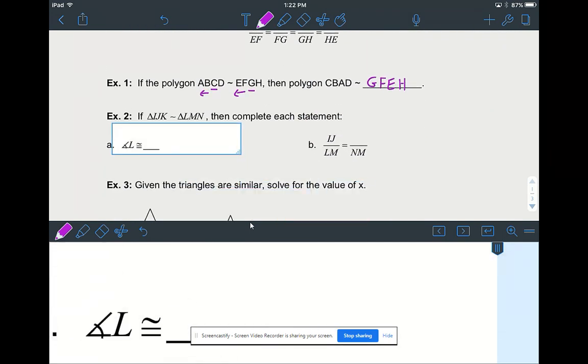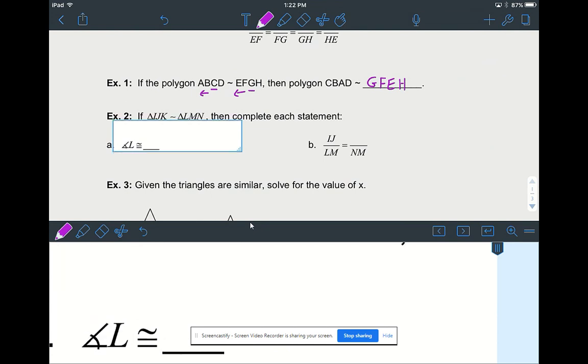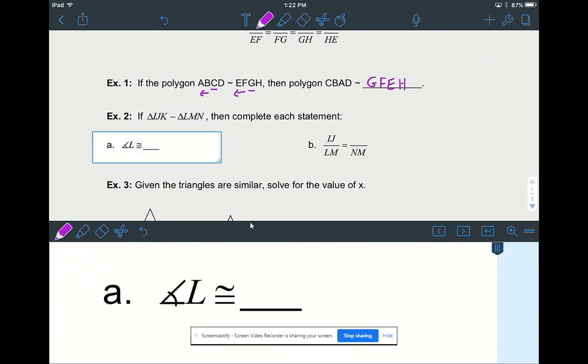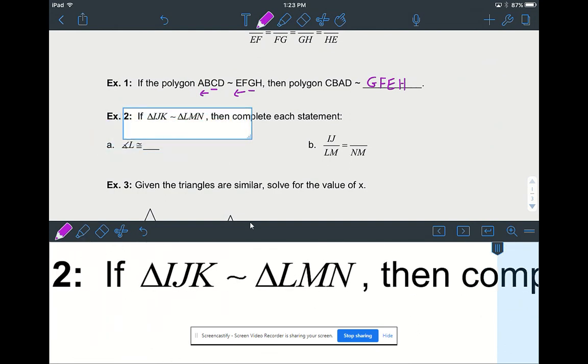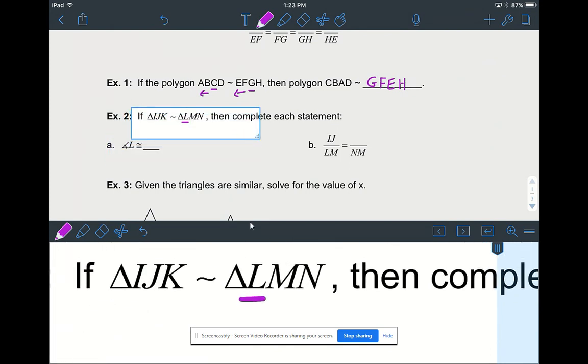All right, example 2. If triangle IJK is similar to triangle LMN, then complete each statement. So same thing, we're looking at triangles. Angle L is right here. It's the first angle. That has to be congruent to the first angle of the other triangle. If they're similar, then the corresponding angles are congruent.